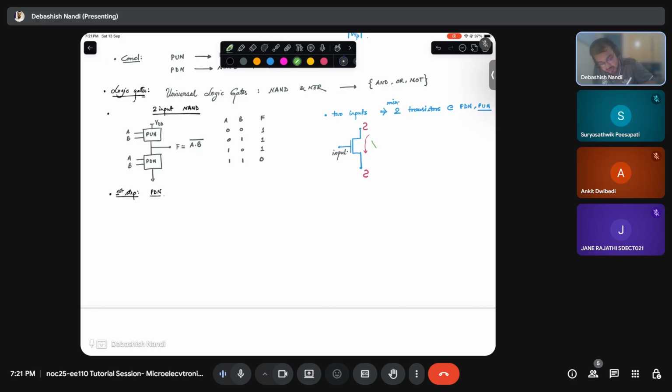In the other case, it will not pass and I will get 0. That means I am having some switching kind of action, right? So by applying these inputs A or B, I need to switch on and off my transistors. That means I need to apply the inputs at the gates of the transistors.